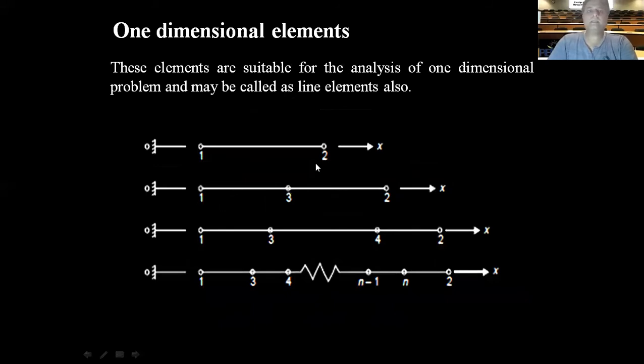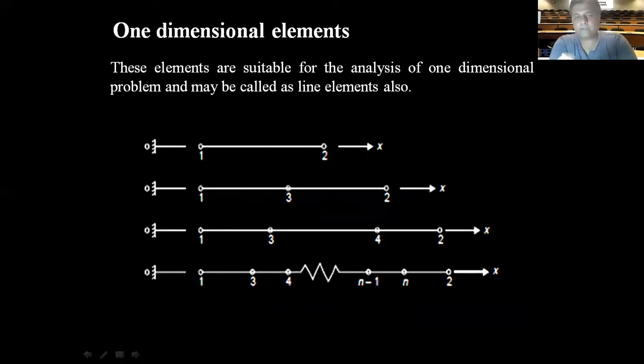You can see the types of elements used in finite element analysis. This is the first type, which is called one-dimensional elements, and these elements are suitable for analyzing one-dimensional problems. They are also called line or linear elements. You can see these are linear elements comprising two nodes, whereas this linear element comprises three nodes.